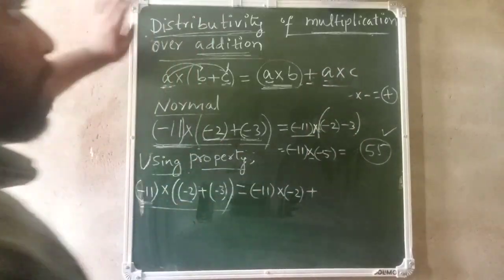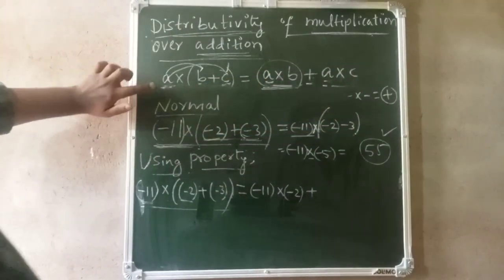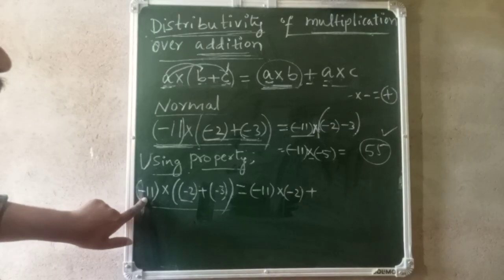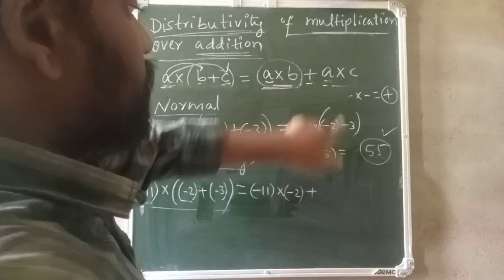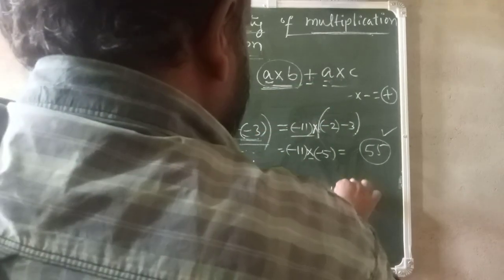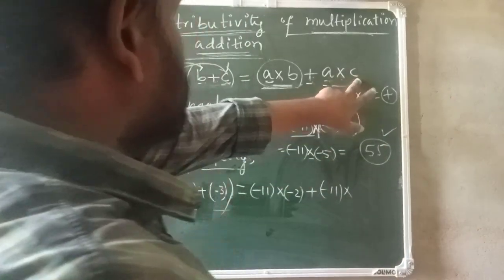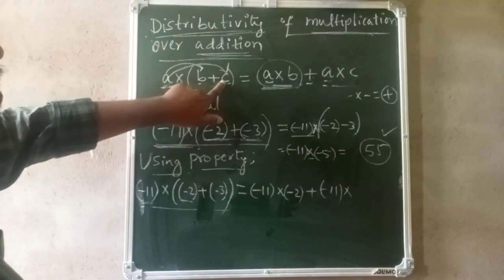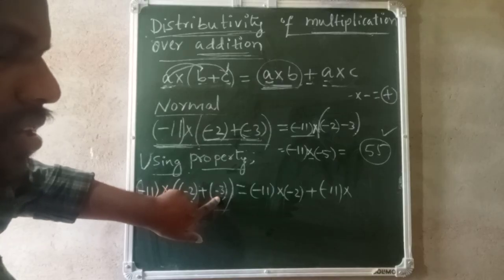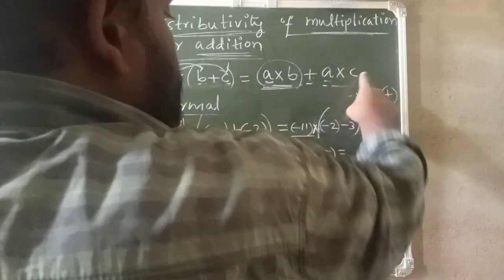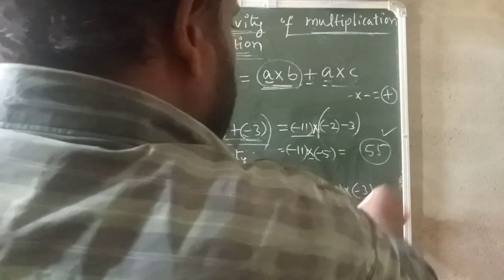Plus, next A. So in place of A we have minus 11. So in place of A you write minus 11. Next into, next C is there. In place of C we have minus 3. So in place of C you write minus 3.